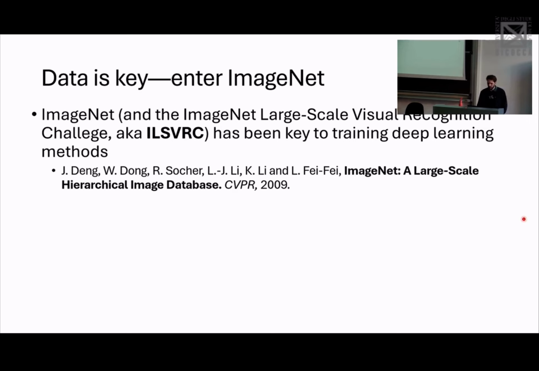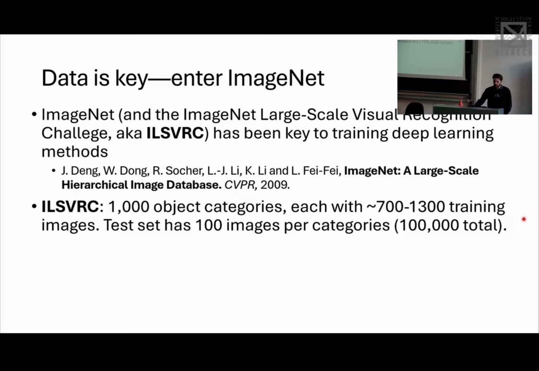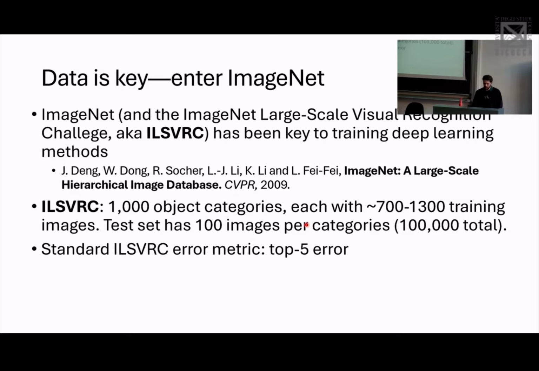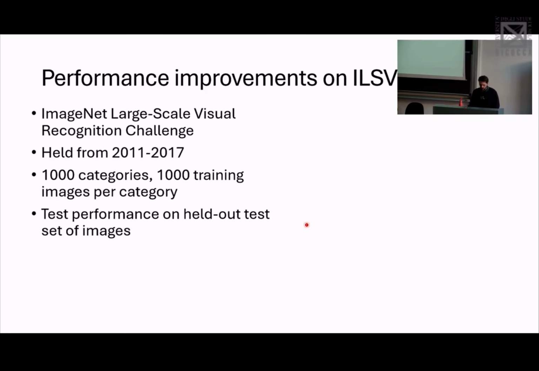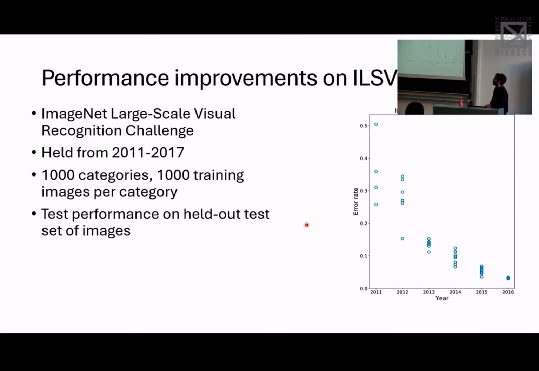So the data for that is key. We have the ImageNet competition, and this ILSVRC with 100,000 images. The standard metric is the top 5 error. And this is probably what I started my course with. This is what happened when AlexNet was introduced. This was the pre-deep learning era.